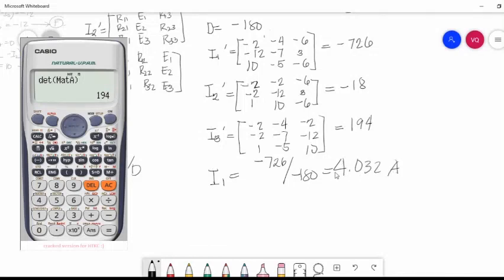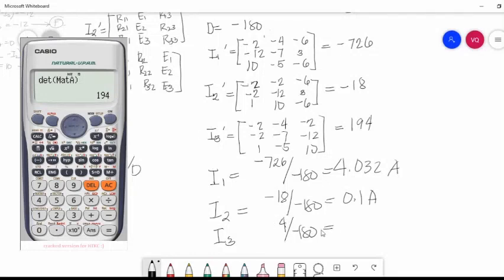So positive means tama yung inassume natin na direction ng current. Next is I2 equal to -18 divided by -180. So that is equal to 0.1 ampere. Next, I3 is equal to positive 194 divided by -180.